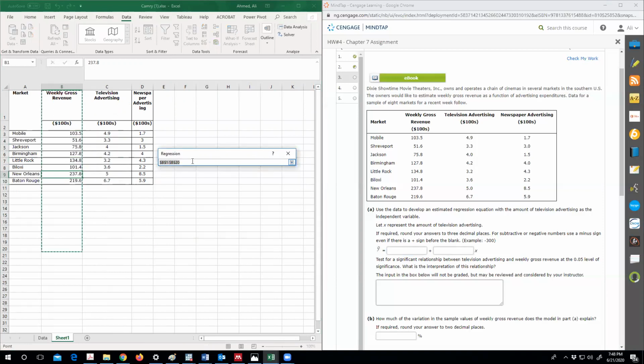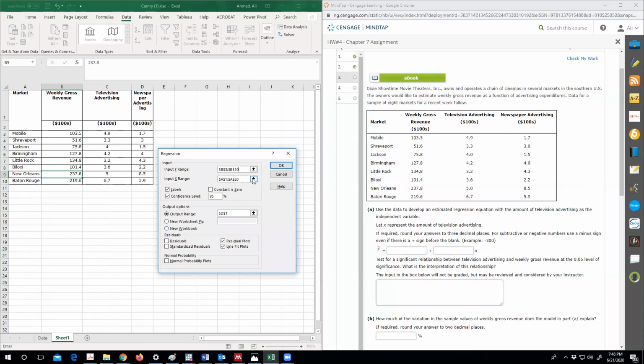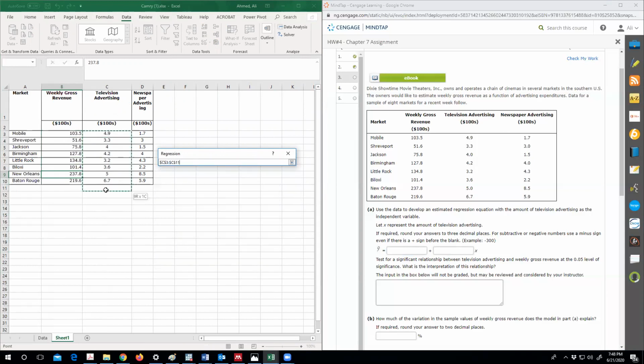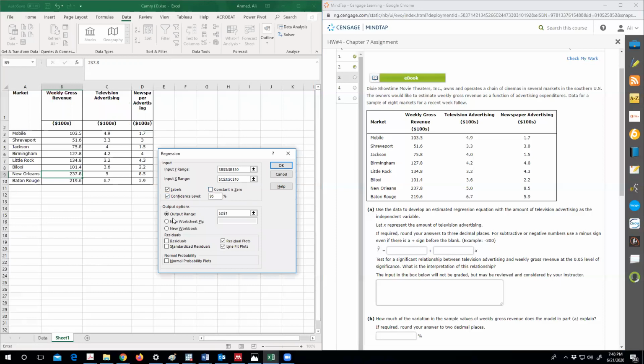This is our Y, so Y should be this, and this should be X. And then we can place our output somewhere here.